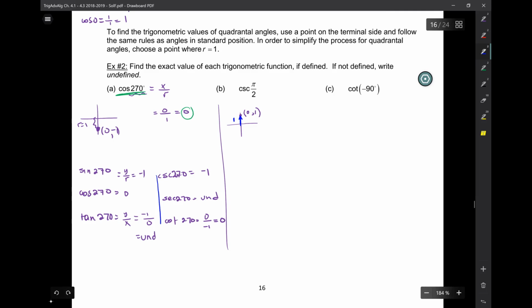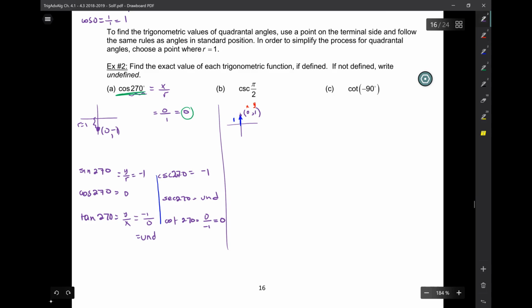It could be 0, 3, or 0, 5. How do you know it's at the top? Because it's pi over 2, right? If it's pi from here to here, then half a pi would just be that part. Remember what we were saying yesterday, this is x and this is y.